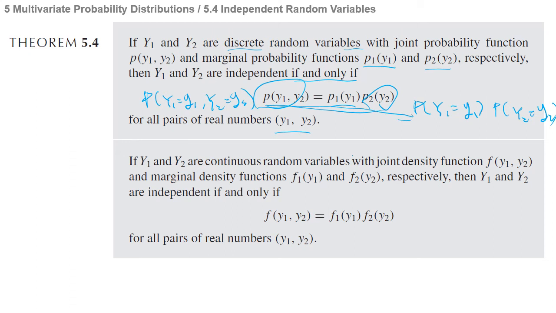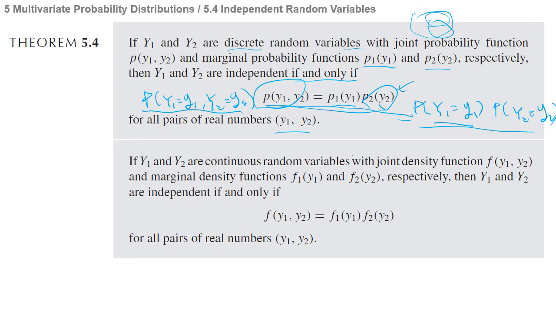So there's a set corresponding to this. In the sample space there's a set for Y1 equals small y1, and there's also a set for Y2 equals small y2. And if it is independent, then this should be true. So this equation would be natural to you, I think.